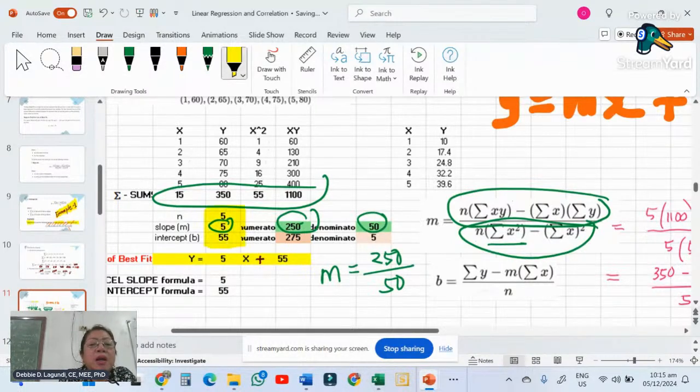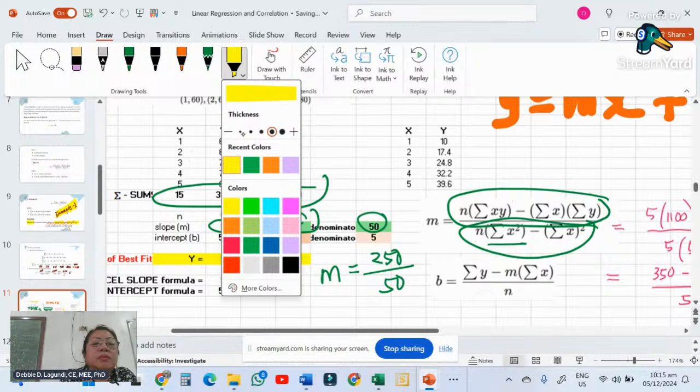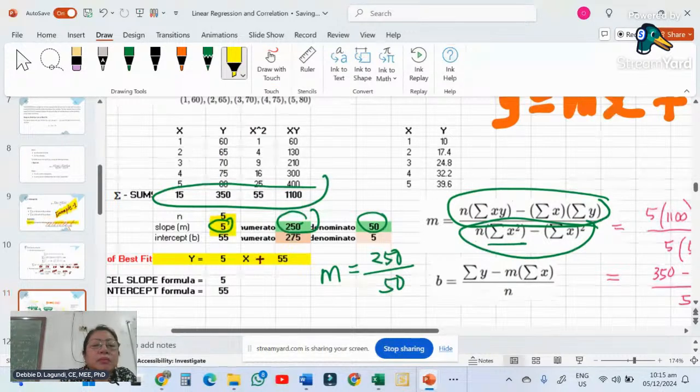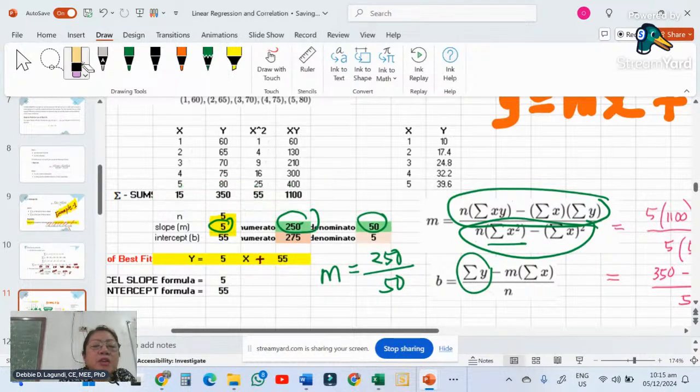Now we move on to the intercept. For the intercept, it is the summation of y. We have it. The summation of y is here.